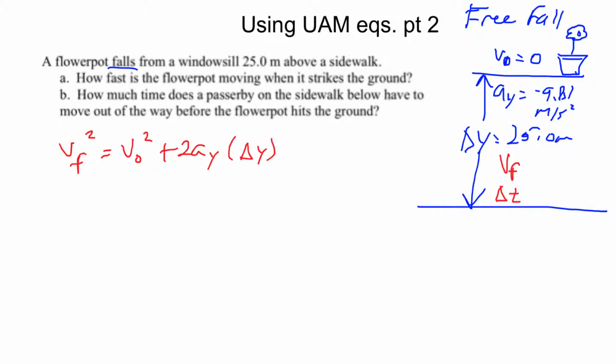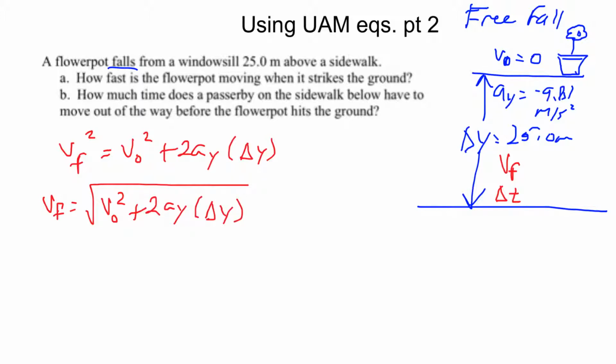Now we'll have to take the square root of both sides to cancel out our square there. So we get final velocity is equal to the square root of the initial velocity squared plus 2 times the acceleration in the y-axis times the displacement in the y-axis. So let's plug things in then. The initial velocity is 0, so that part goes away, plus 2 times the acceleration due to gravity.